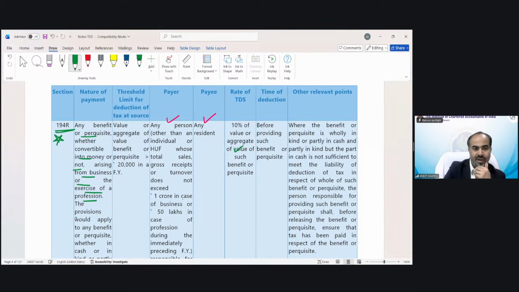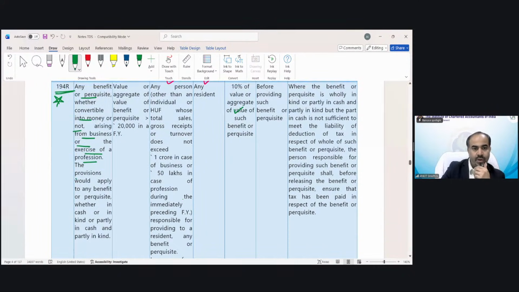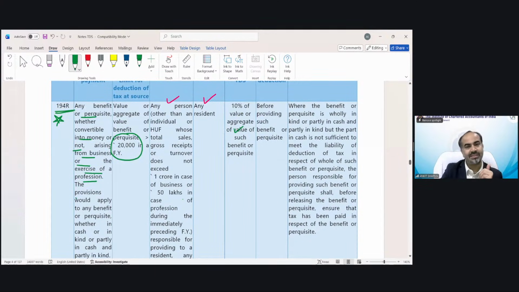The provision would apply to any benefit or perquisite, whether in kind or cash or partly in cash and partly in kind. If the value we receive is more than 20,000 rupees in a year, TDS is going to be deducted. Who will deduct the TDS? Of course, the payer, any person other than an individual or HUF.